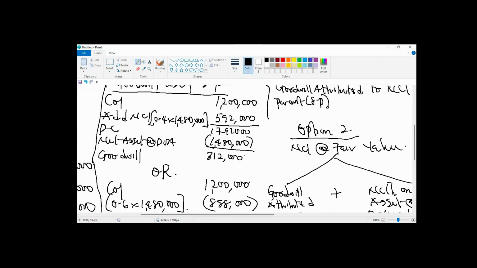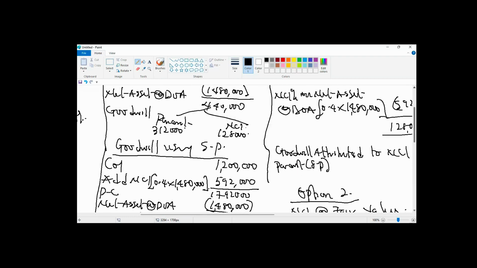It's 3112. Goodwill of the parent is share proportionate. Pick any question which is fair value. Go and use the goodwill of the parent. We'll get the parent share proportionate in fair value.